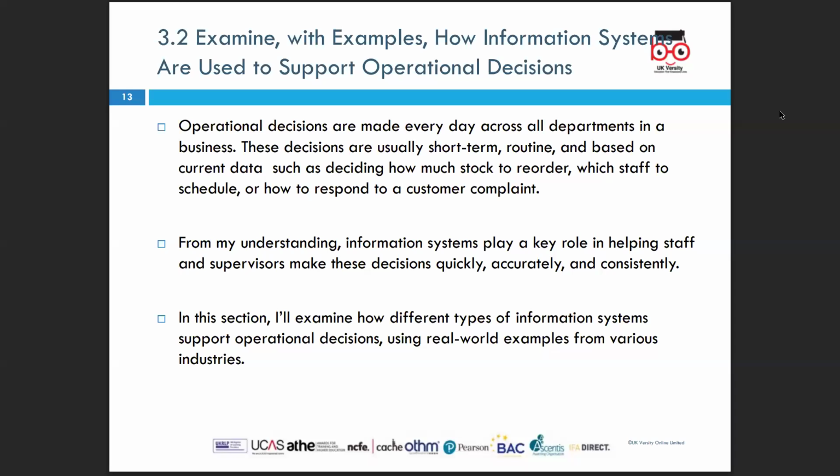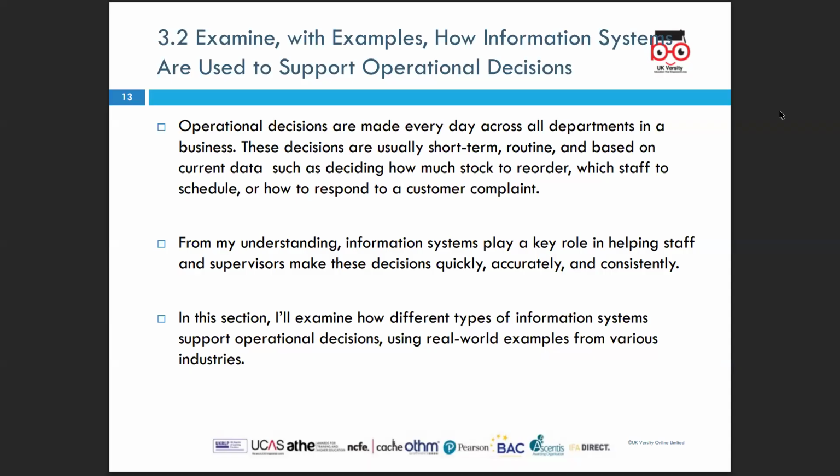So we're now going to examine with examples how information systems are used to support operational decisions. Operational decisions, we know, are the day-to-day activities that line managers and staff might be involved with.